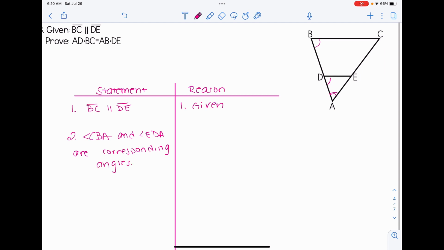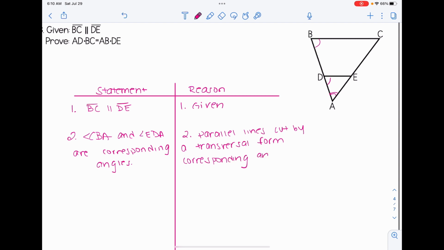Hopefully we're noticing a lot of repetition in the concepts talked about, and that's because parallel lines cut by a transversal form corresponding angles. Then we are going to say those angles are congruent to each other. And that's because corresponding angles are congruent.